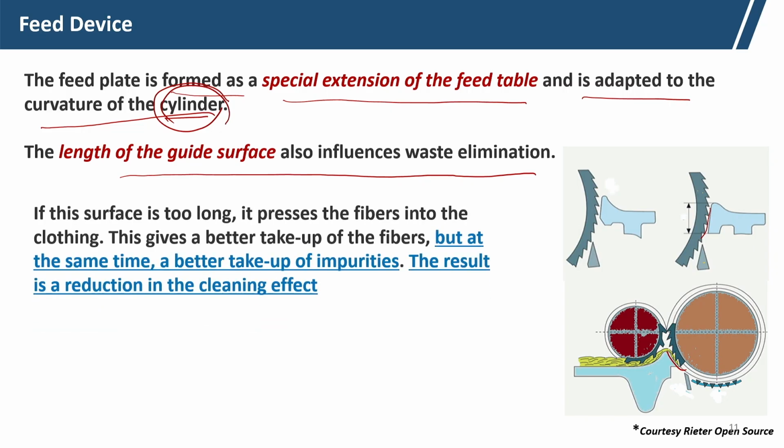If the surface is too long, it presses the fiber into the clothing, which gives better take up of fibers, but at the same time better take up of impurities also. It will entrap the impurity and the cleaning effect will be reduced. So, it should be optimum.